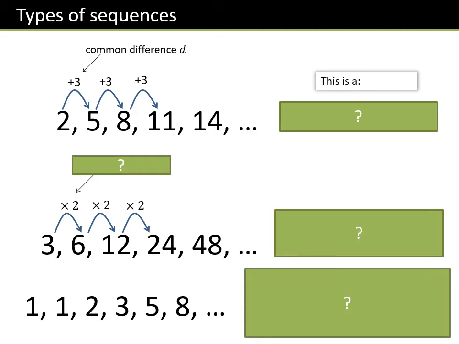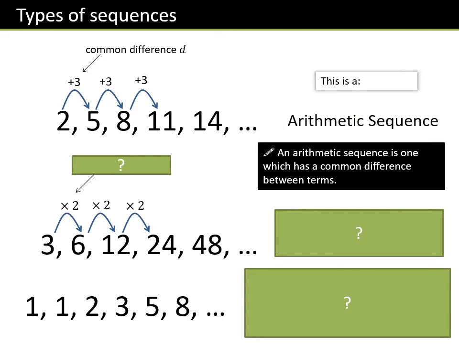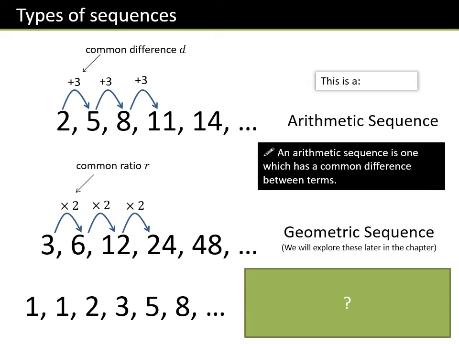So we've got our linear sequence where we're just adding 3 each time, linear or arithmetic. Okay, so arithmetic sequence where it's got a common difference between each term, and here where it's a common ratio where we're multiplying between each term is a geometric sequence.